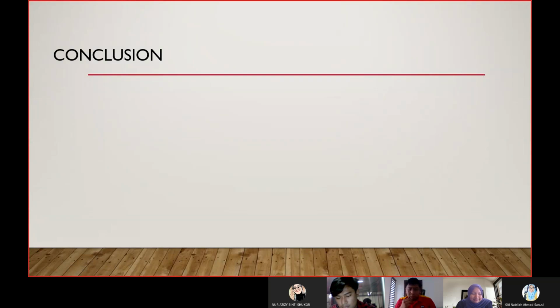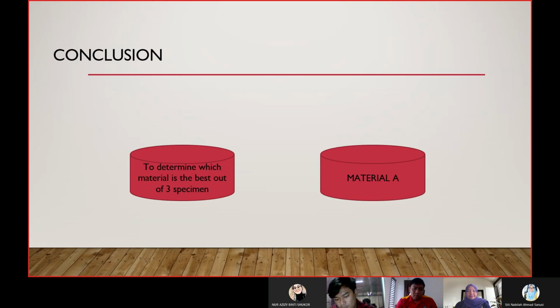Okay, for the conclusion, from all the experiments and results that have been conducted, we choose gas, which is material A, as the best material because it has no leaking, is compatible, does no harm to other car components, and also lessens the maintenance cost.